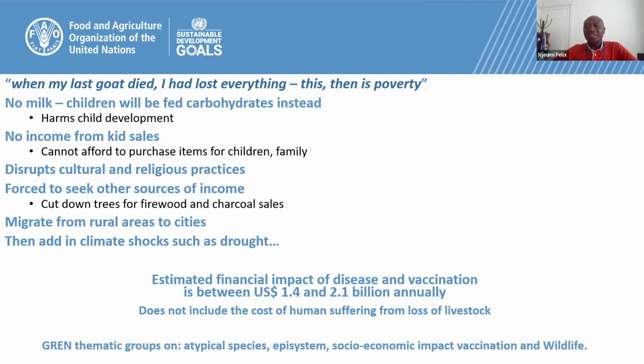But to address PPR, we have been divided. We have almost 400 to 500 experts around the world, and they are divided in 5 thematic groups. The first thematic group are those who are thinking about atypical species, as I just mentioned, camel, pig, cattle.